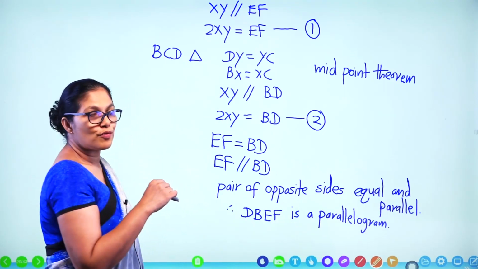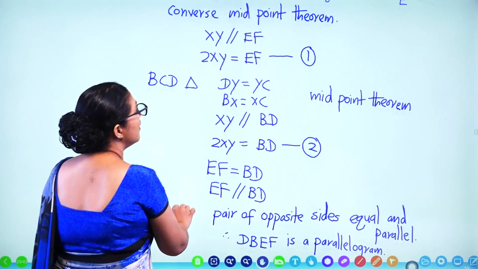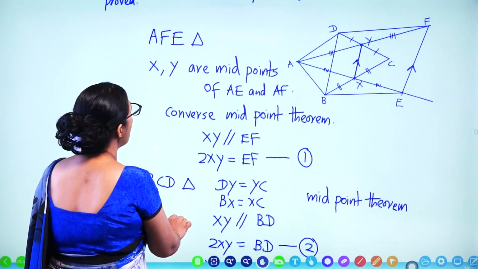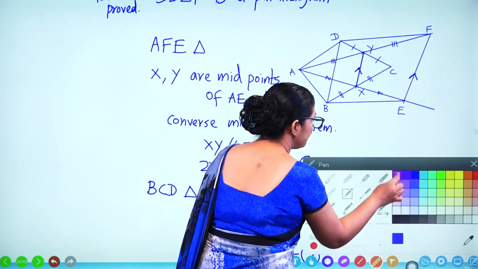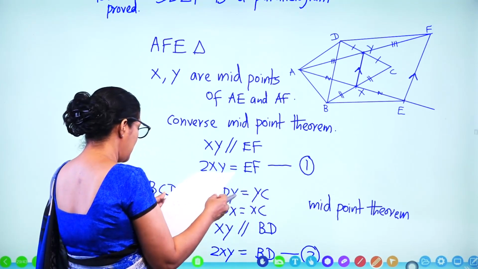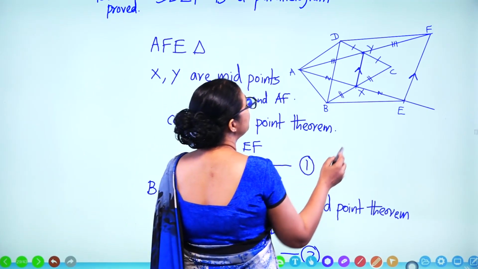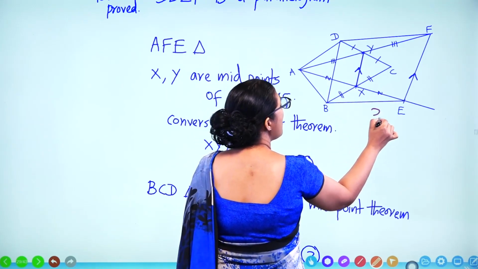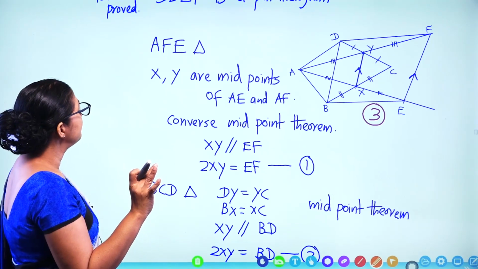So that's the proof. So how many marks for this? In this one, you are getting marks for drawing the diagram, the correct diagram as well. So let's see how we can give marks. We can give 3 marks for sketching the diagram correctly.